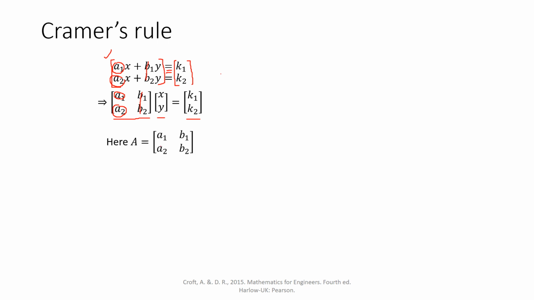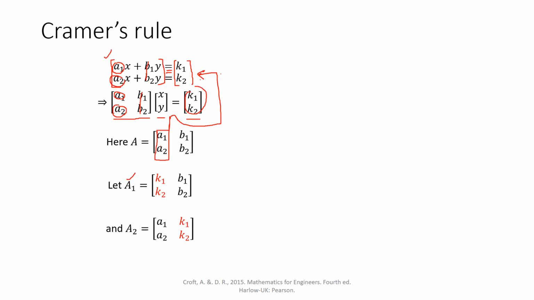Okay, let's move to the next. The first matrix, which we call the matrix of coefficients, we call A. In this A matrix, when we replace this column by this constants column, its new name becomes A1.